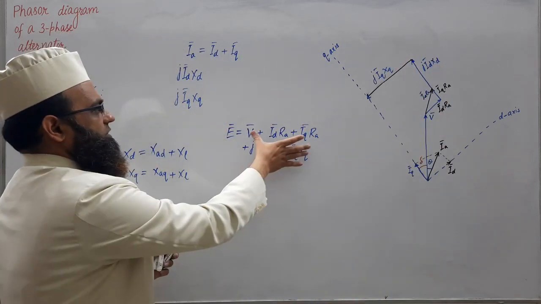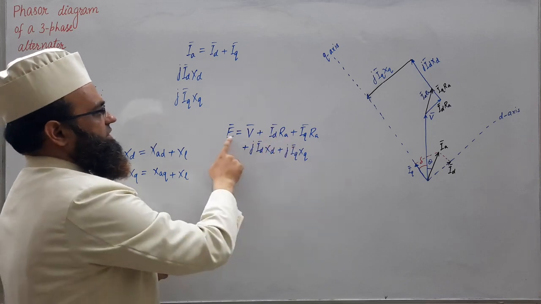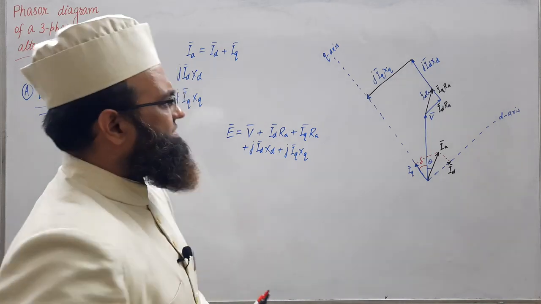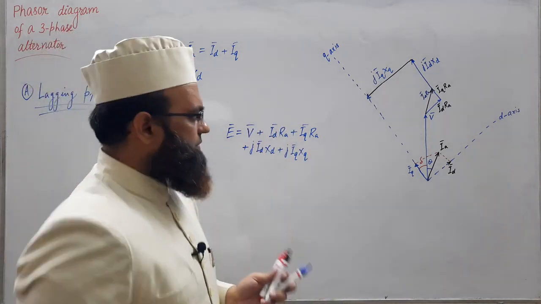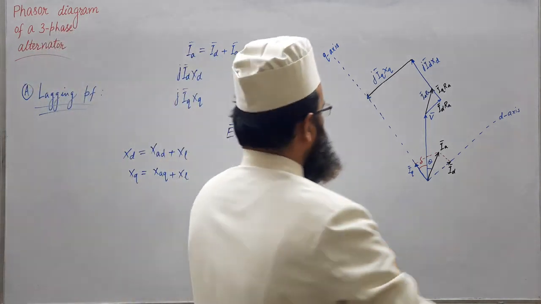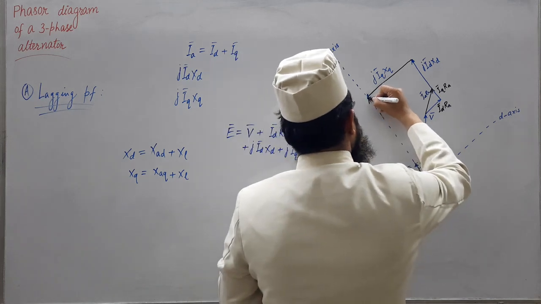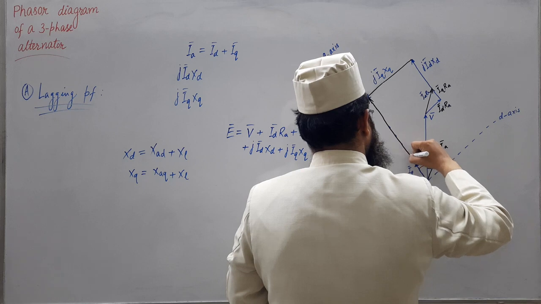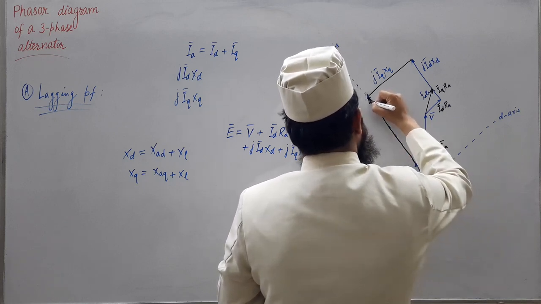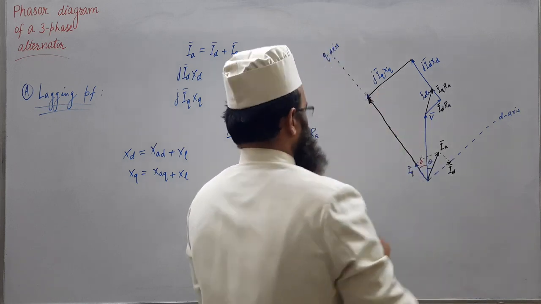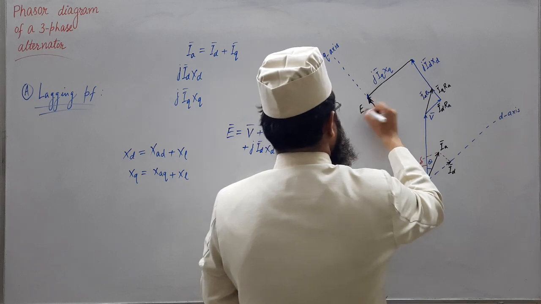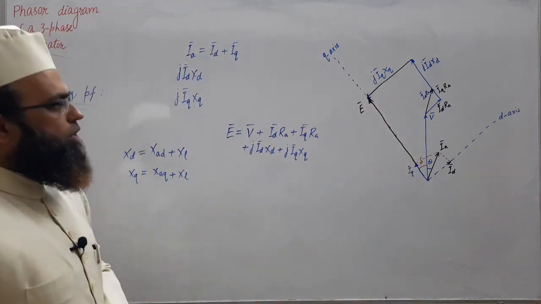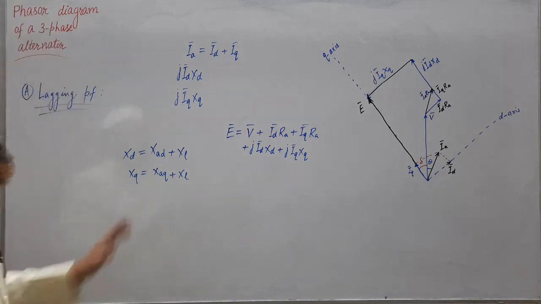The sum of all these phasors gives E. We know that the EMF E is induced along the Q axis, as discussed in the previous lecture. So this is our per phase induced EMF or no load EMF E.